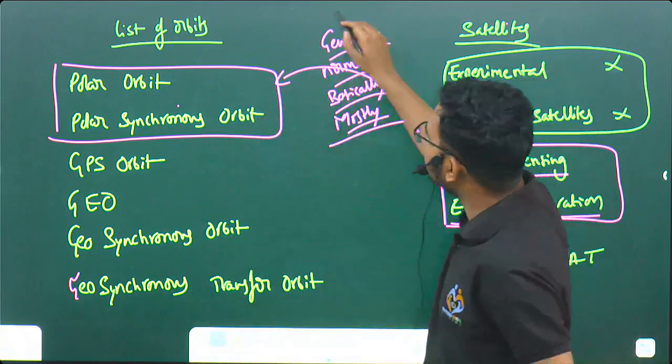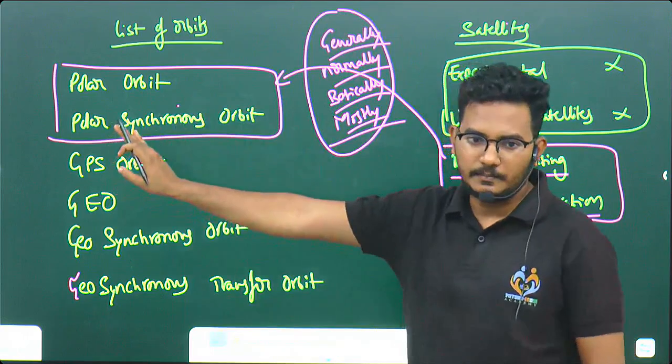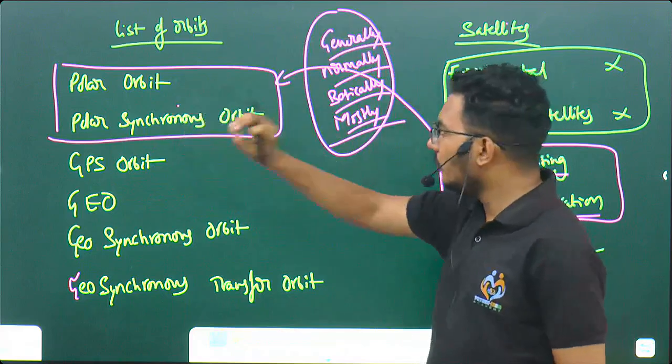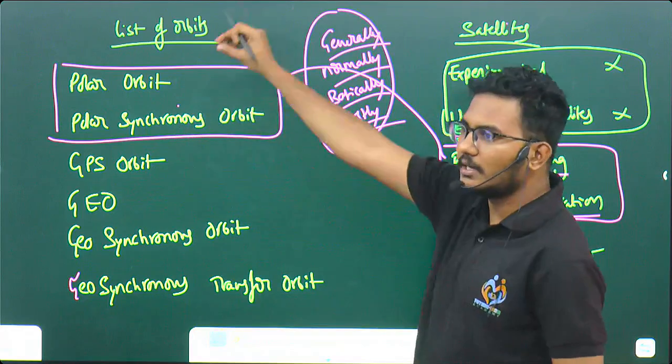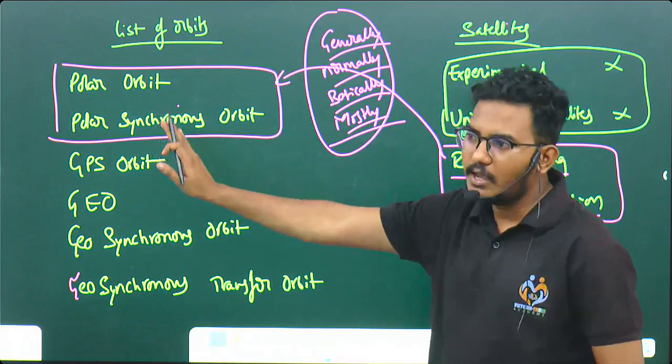If he gives you generally, normally, basically, mostly, then the statement will be correct. If he says only in polar orbit, only in polar synchronous orbit, or only in polar and polar synchronous orbit, then the statement will be wrong.